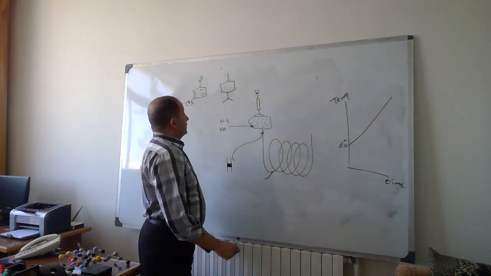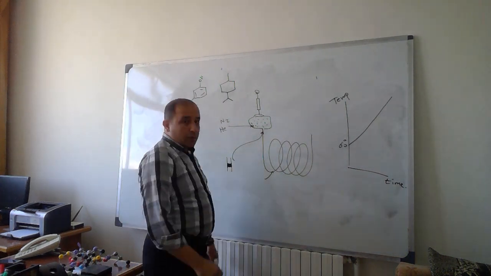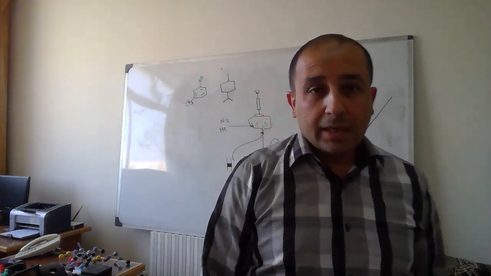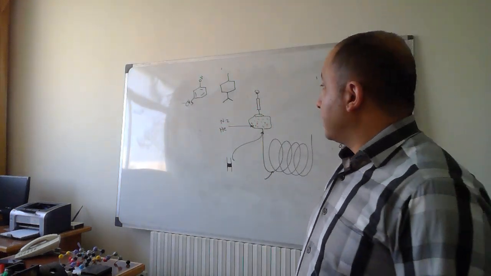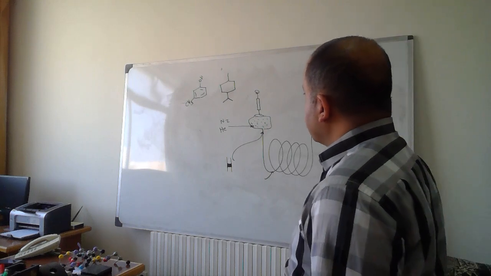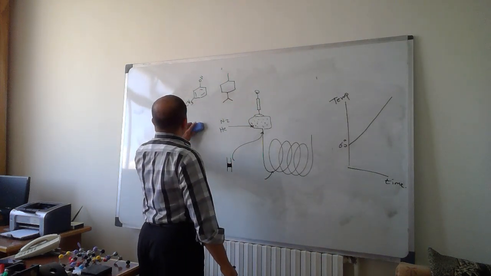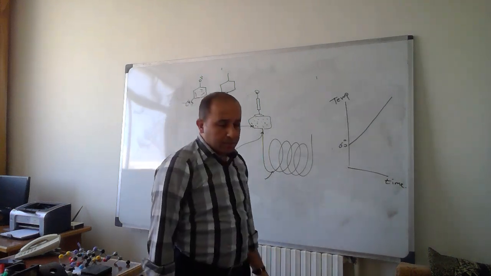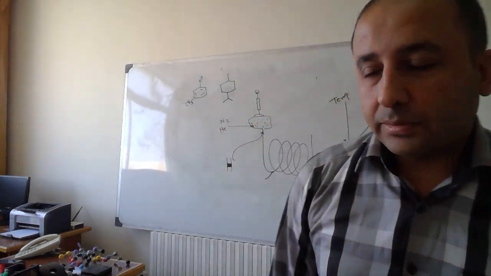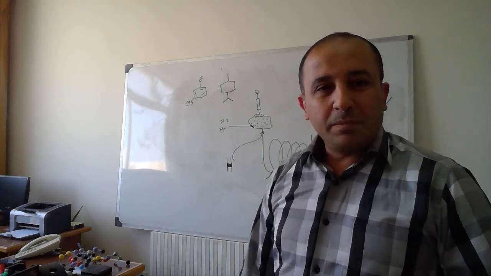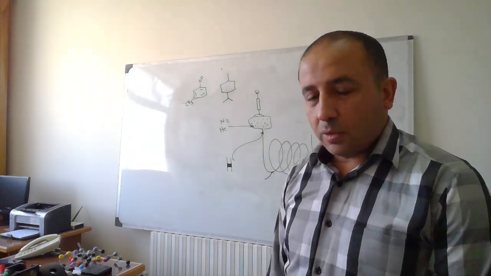Obviously this monoterpene is more volatile than this one. We call this one of the methyl phenols. Sometimes we call it metacresol as a common name.